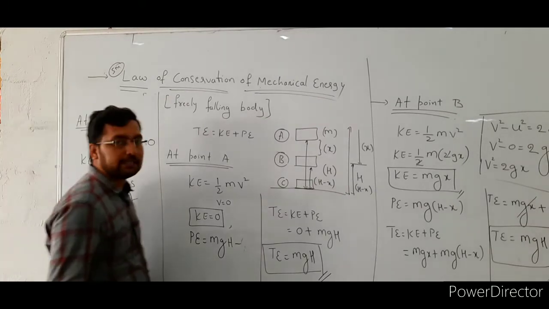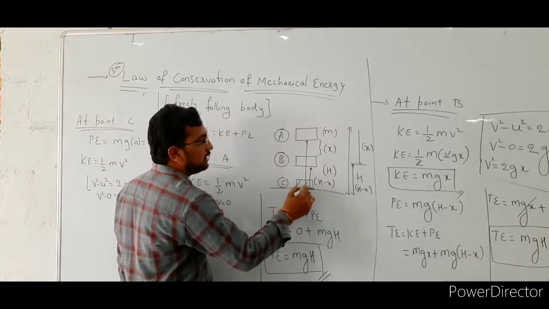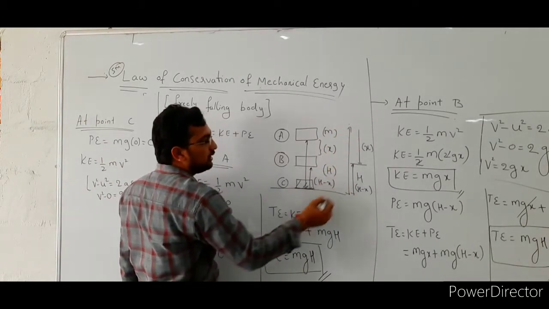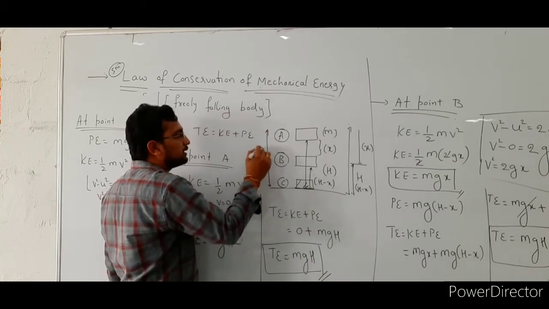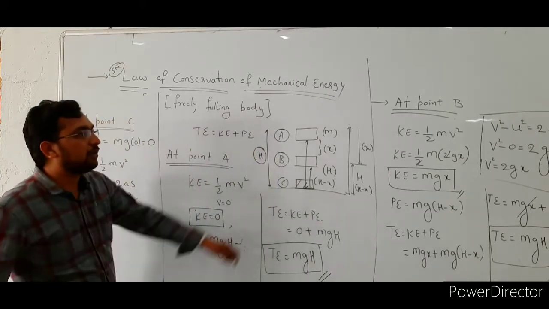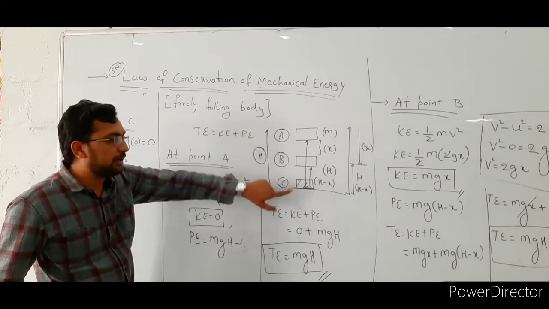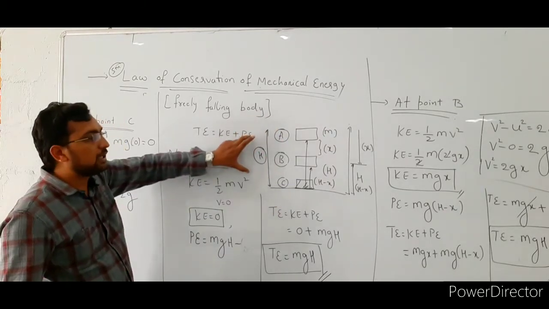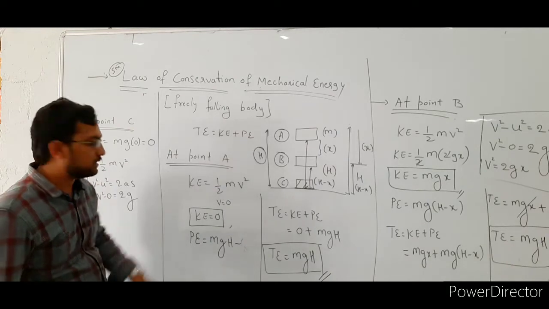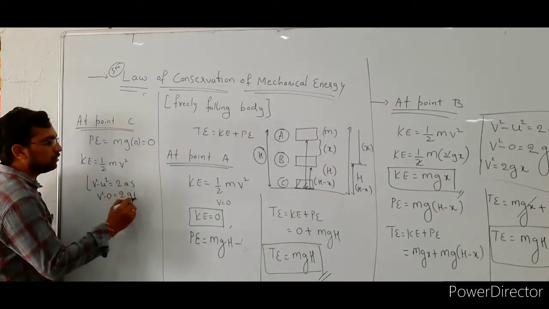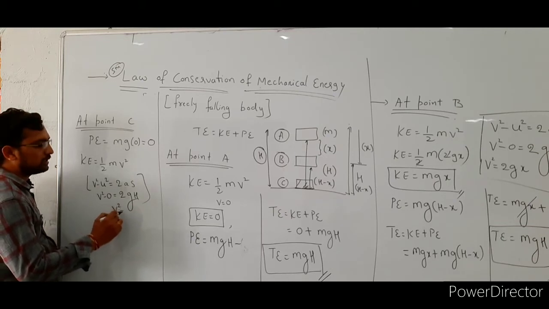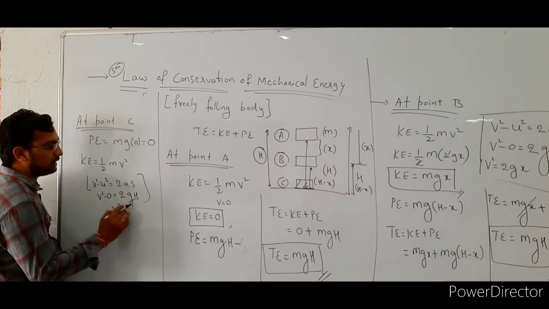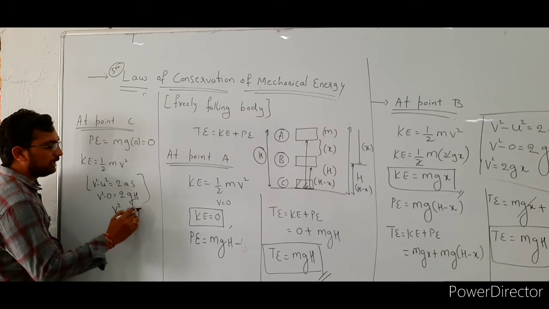In this case, that body covers a distance from this point to this point, that is h, right. Initially that body is at this position. Now the body reaches this position, so the total distance covered is h. Here s is equal to h. So then v square is equal to 2gh.